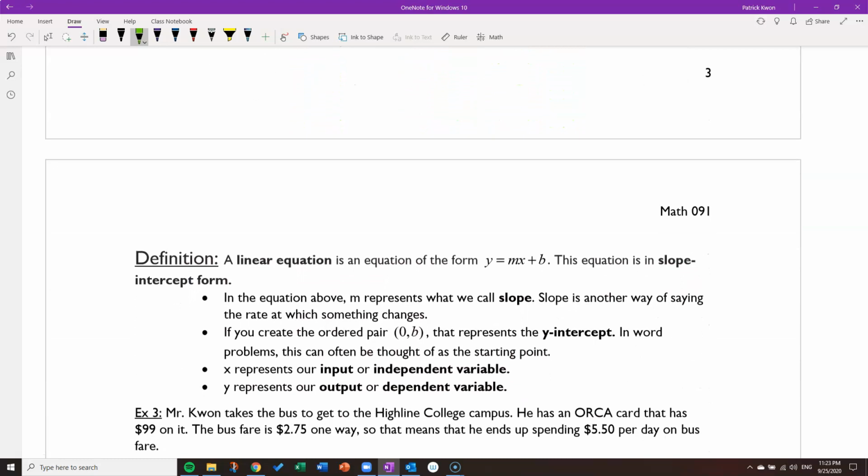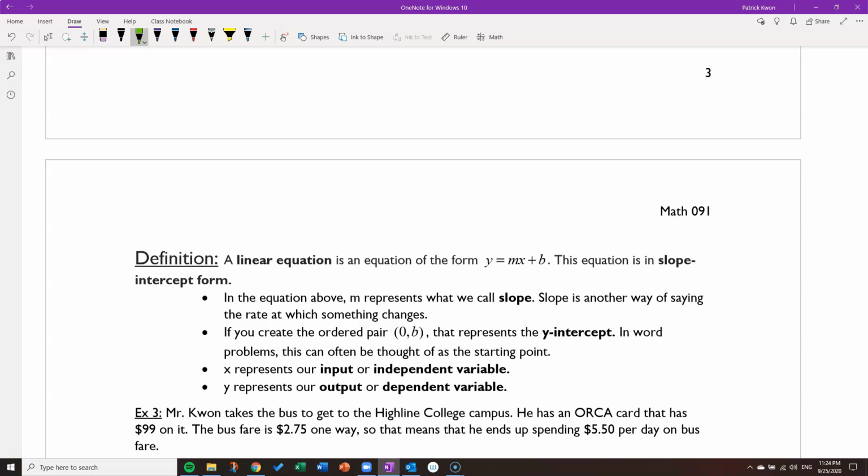So these last two examples have been dealing with linear equations, and that's just an equation of the form y equals mx plus b. And we say that this equation is in slope-intercept form. In this equation, m represents what we call the slope. And a slope is another way of saying the rate at which something changes, or that constant rate of change. And if you create the ordered pair 0, comma b, that represents the y-intercept.